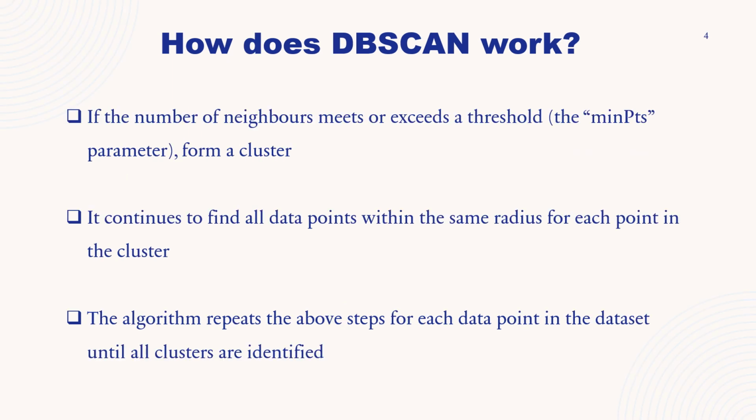If the number of neighbors meets or exceeds a certain threshold, which is known as the min points parameter, then we form a cluster. It continues to find all data points within the same radius for each point in the cluster. And this algorithm repeats the above steps iteratively for each data point in the dataset until all clusters are identified.